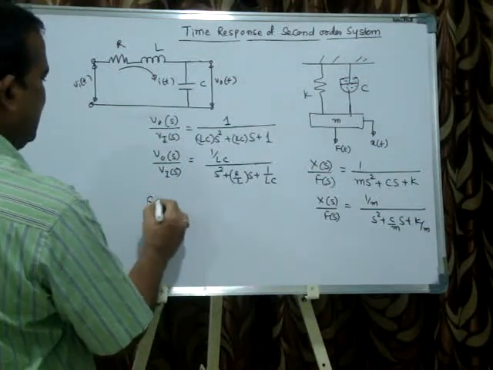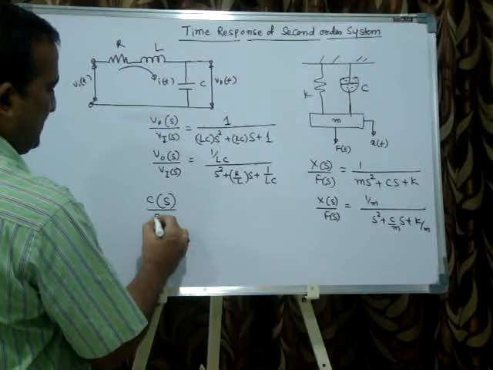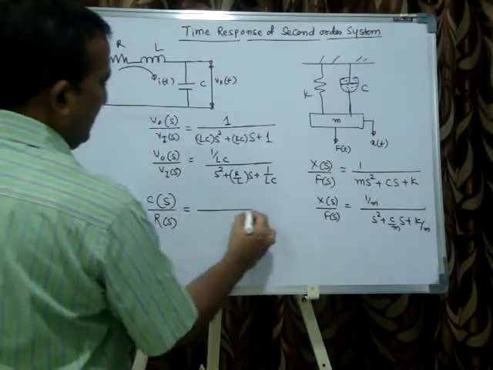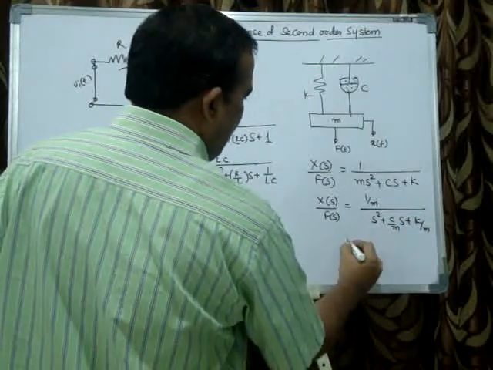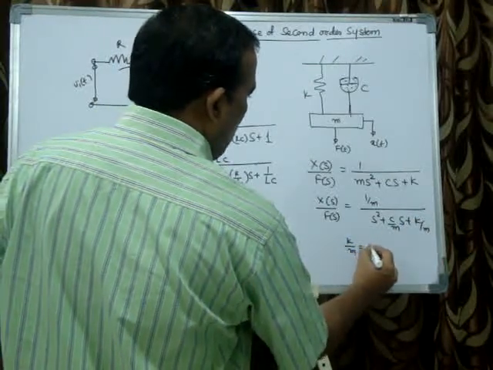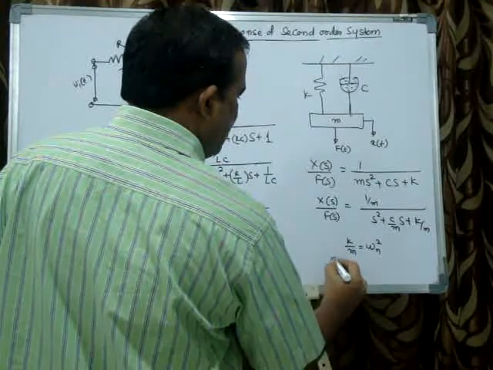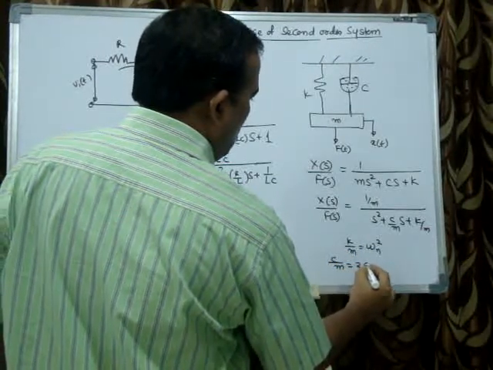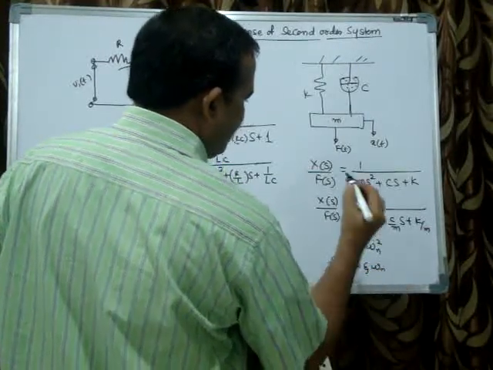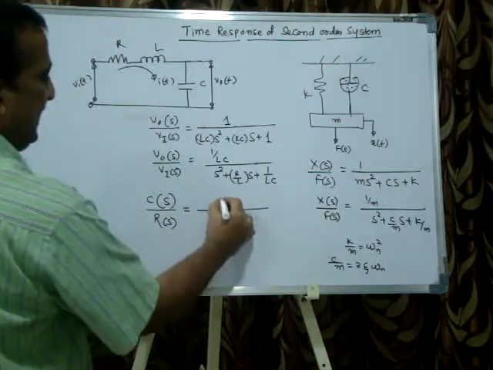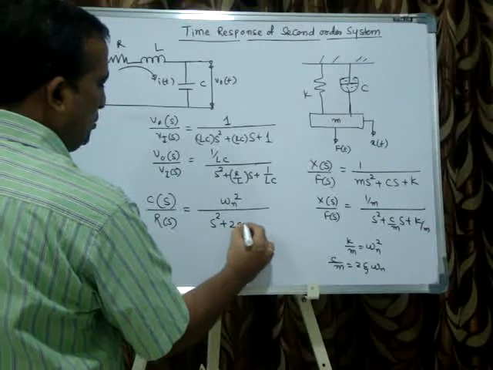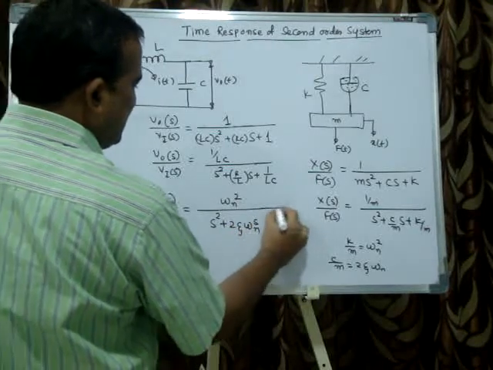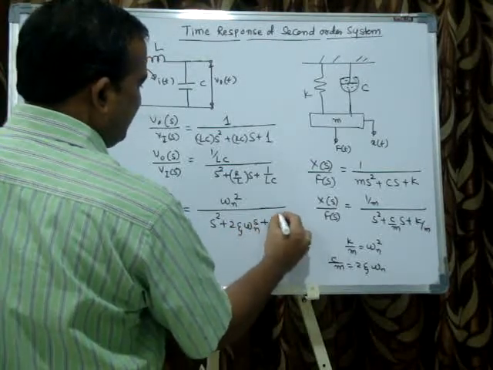Now, how to make it generalized? Here I will write the generalized second order transfer function, because you see in the mechanical system, K by M is what? Omega n square. And C by M is what? 2 zeta omega n. So in general I will write omega n square divided by S square plus 2 zeta omega n S plus omega n square.